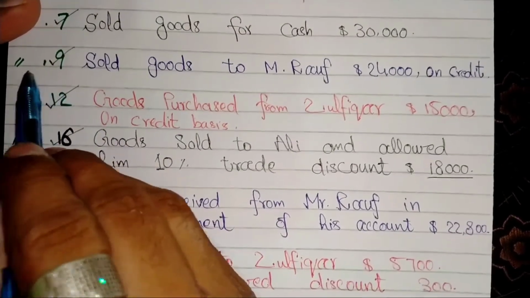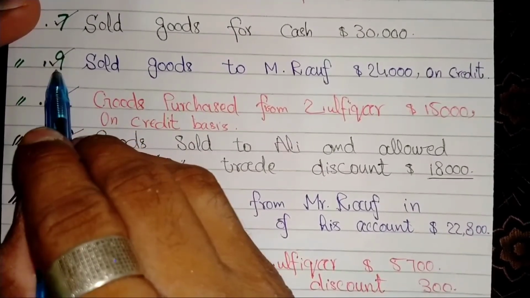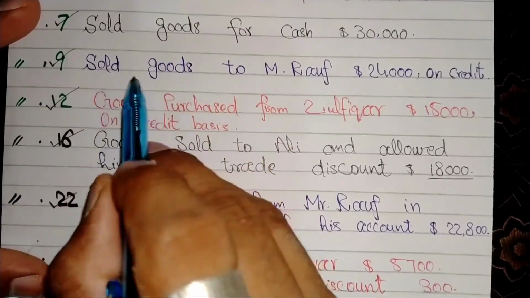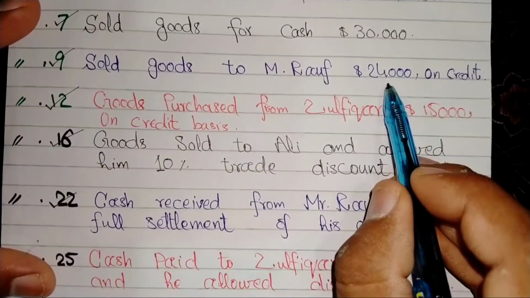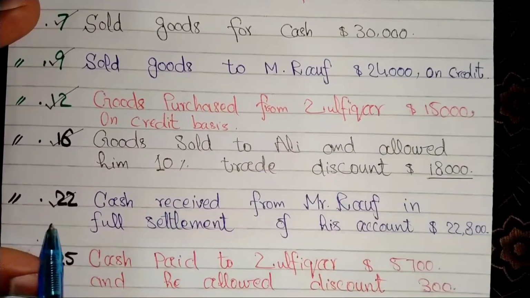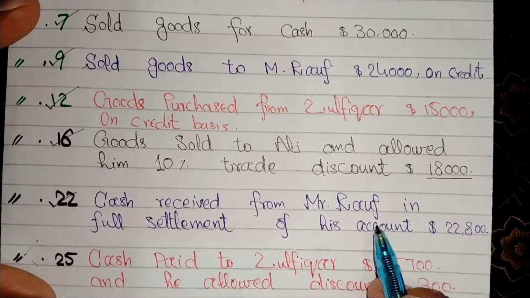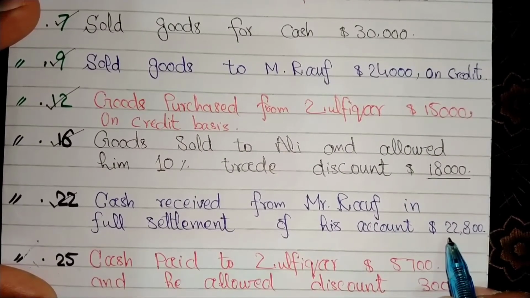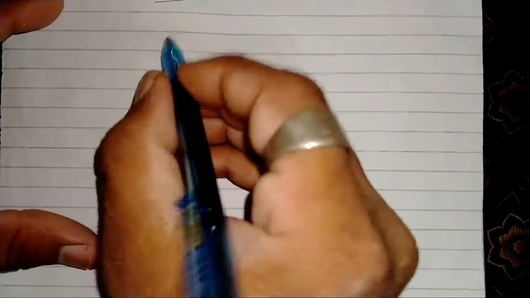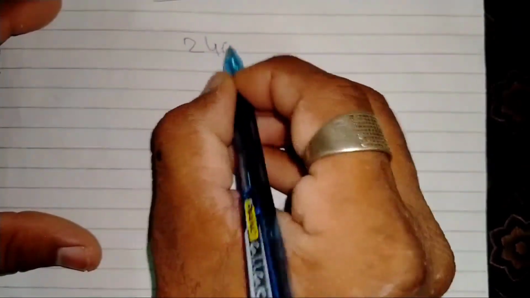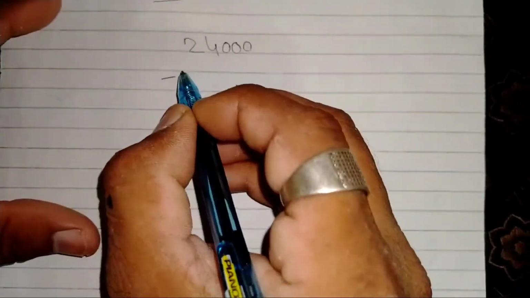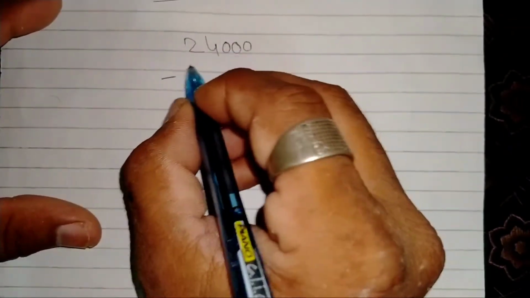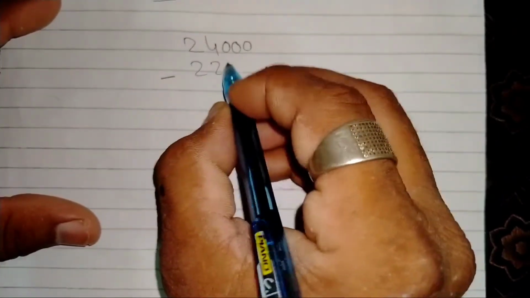On the earliest date, December 9th, we sold goods to Mr. Rauf for a total amount of $24,000. Now we have received from Mr. Rauf $22,800. So the total selling amount was $24,000, and now we received from Mr. Rauf $22,800. Clear?